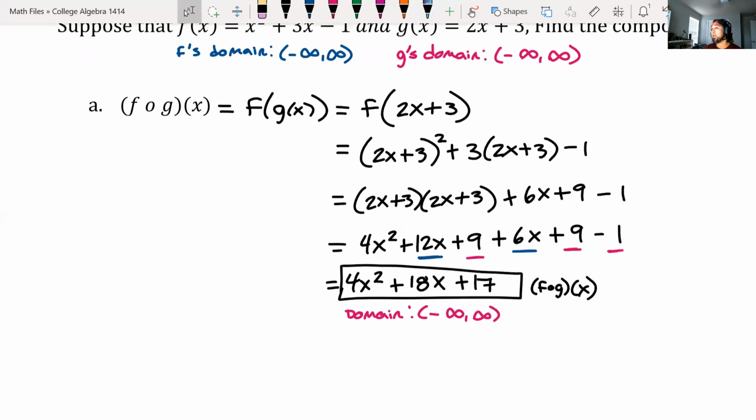Okay, so that is the composition process. You take a function and you plug it into the other. You only simplify. We do not solve these. To solve means you set it equal to 0 and you keep going. For compositions, all we have to do is simplify. Any questions on that process?